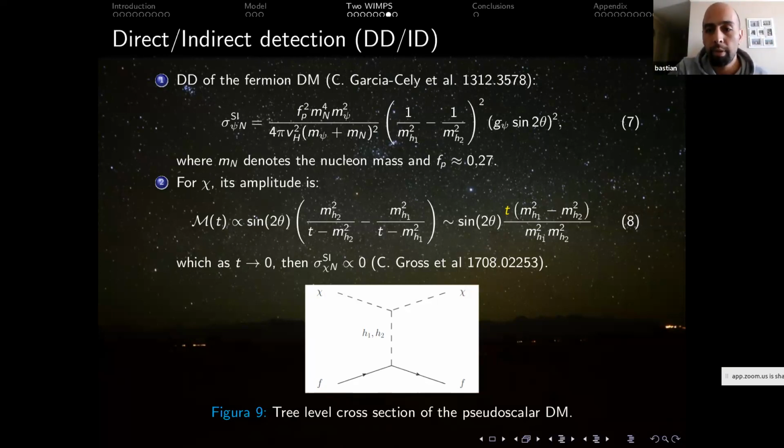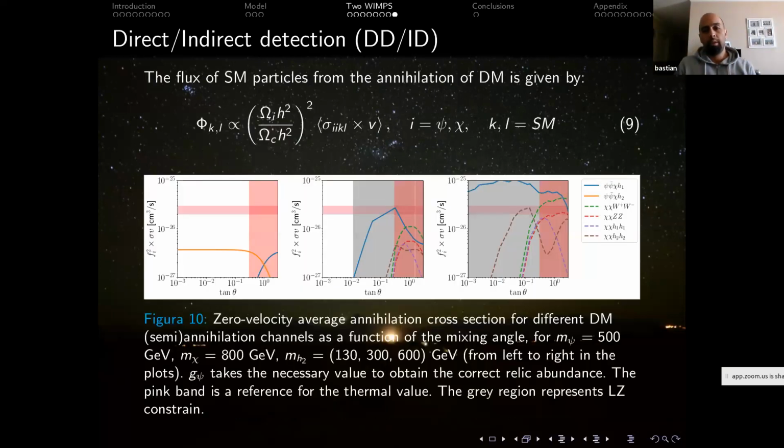And the last slide, please, Antonio. So here we have put everything together for three benchmark points. As I said, the flux of standard model particles coming from the annihilation of dark matter nowadays in the late universe is proportional to this quantity, the average annihilation cross section at zero temperature, weighted by the corresponding abundance of the dark matter particle that is annihilating at that moment.